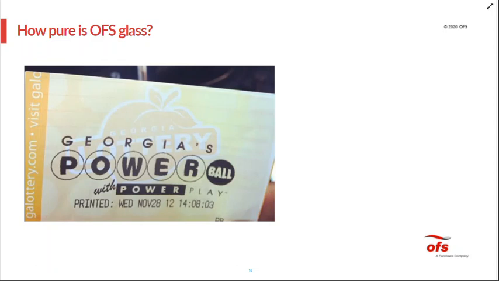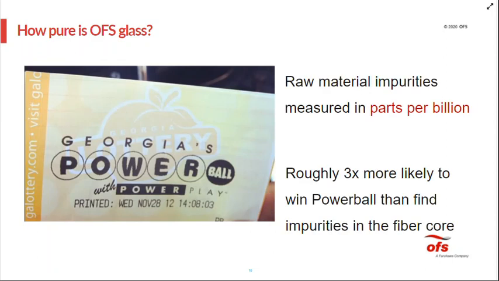So to illustrate, when you look at the fiber and fiber purity and flaws, I mentioned flaws can decrease the strength of glass, but one of the questions is, okay, really how pure is this glass, and how much do I really need to worry about these flaws? I put just a picture of a Georgia Powerball ticket on the screen, and the reason for this is that the raw material impurities are measured in literally parts per billion.